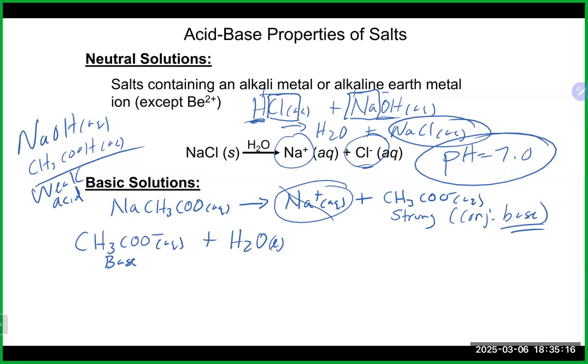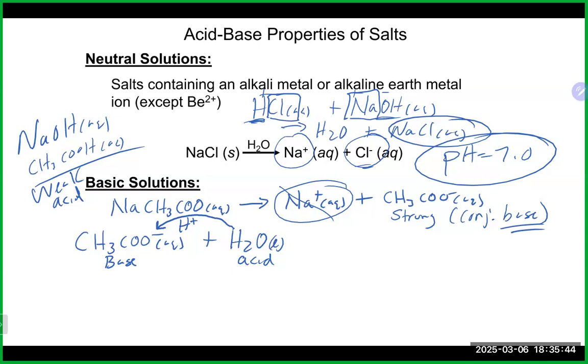Which means if my acetate is acting as a base, my water is going to act as an acid. And the definition of a Bronsted-Lowry base is, will it donate the H plus or accept it? It's going to, in this case, accept the H plus from the water.